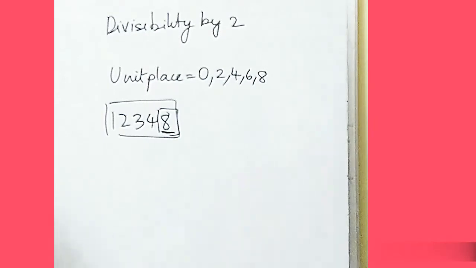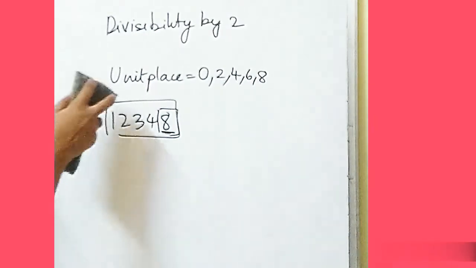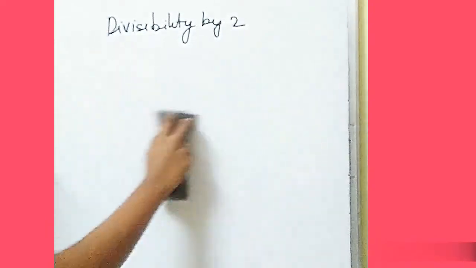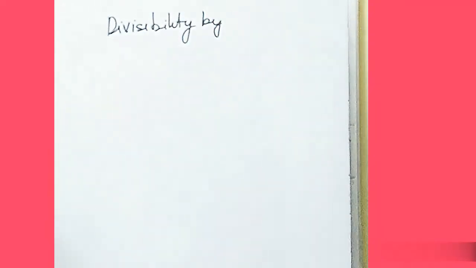That is divisibility by 3. That is a very interesting one. Okay. Now how will we do it? Divisibility by 3. How will we proceed? According to the chart, the sum of the digits should be a multiple of 3.